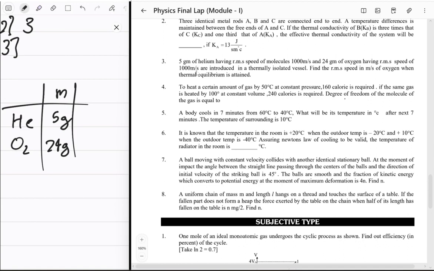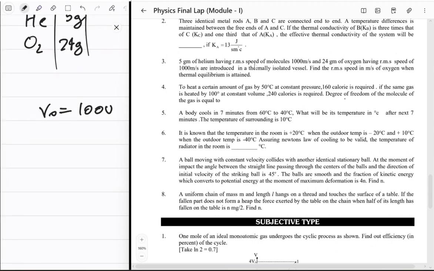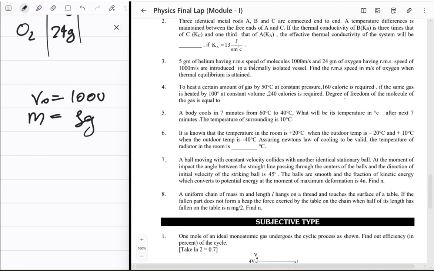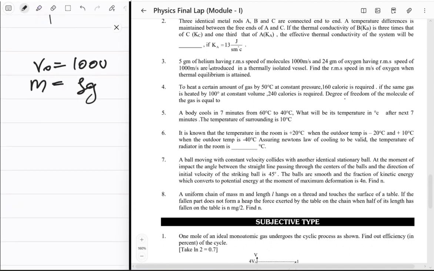So the total energy will be, right? Let's just say 1000 is 1 V naught. Okay, so V naught is 1000. M is 1 gram. Okay, and so we don't know what the temperature is, right? Cool. Let's do the thing. So the total energy of helium, we don't need to do all that NCV stuff actually. Just going to do half mv squared or something.